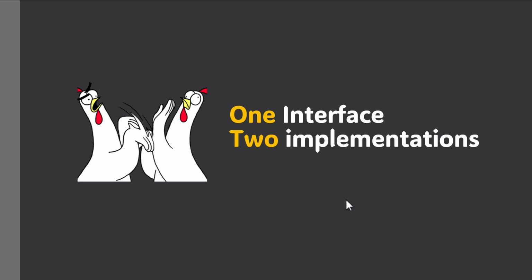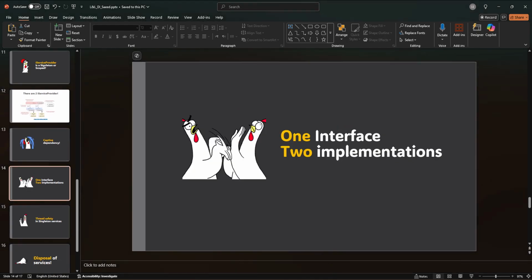Let's go to another point. One interface, two implementations. Wow, how can I do that? When we are talking about abstractions, it is common that maybe I have one abstraction but two different implementations. It happens, right? But how can we manage this scenario?